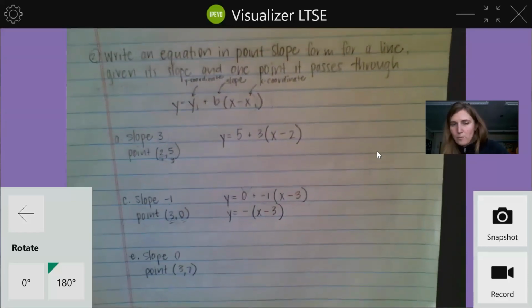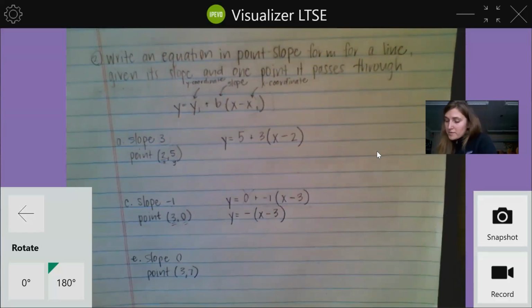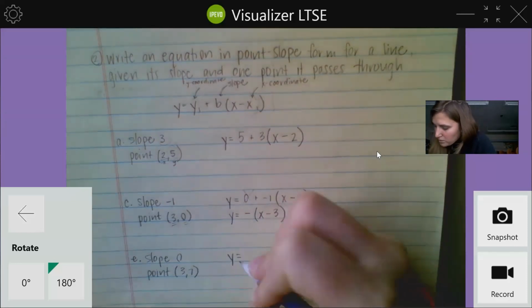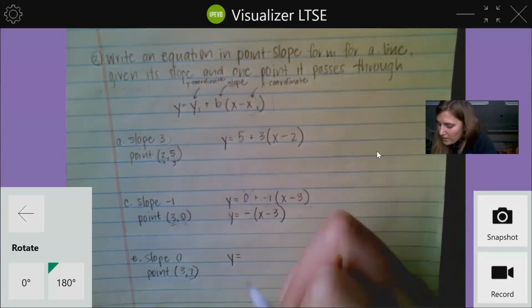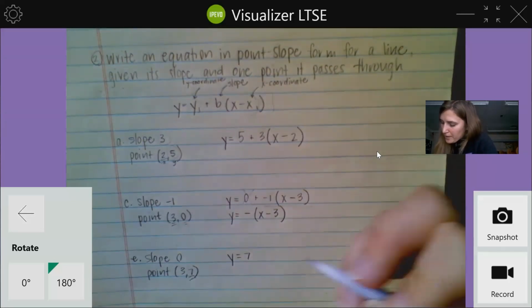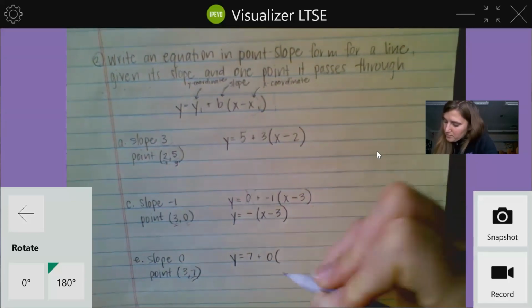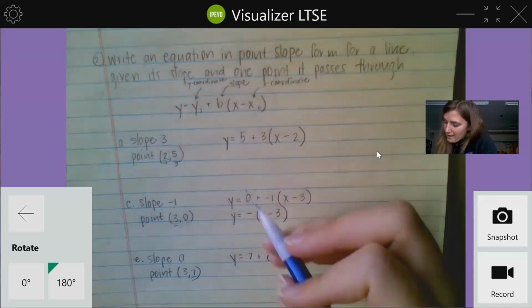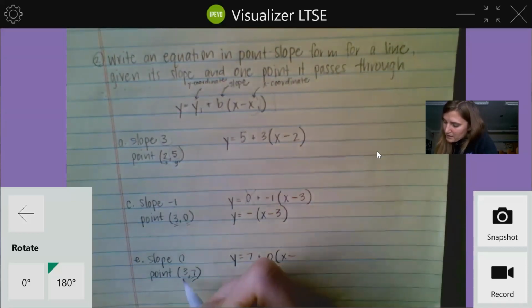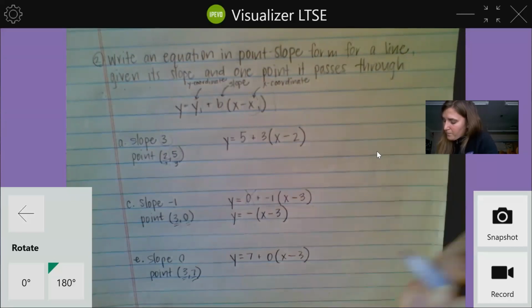And then let's try one more. We have a slope of 0 and a point (3, 7). So again, I'm going to write y equals the y coordinate, so that's 7, plus 0 times x minus the x coordinate, which is 3.